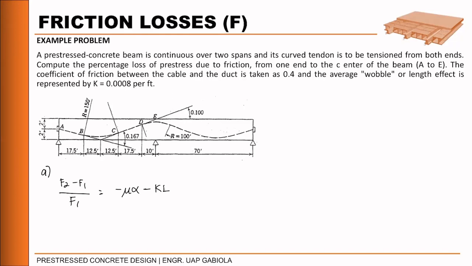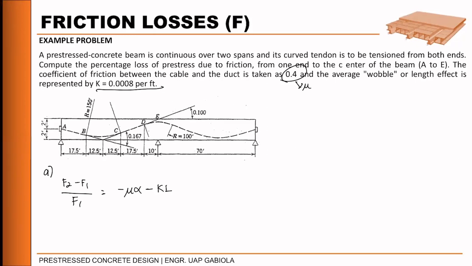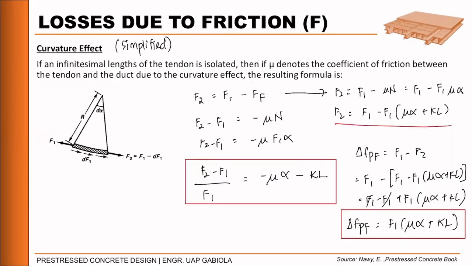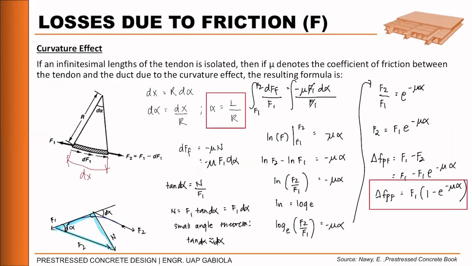Okay? We need to identify muna yung mga values natin. Si mu, given naman si mu, ito si mu. Okay? Si K given. Ang wala natin ay si alpha. No? So si alpha natin, from here, kailangan natin, di ba, from previous, formula natin is, saan na yan? L over R. Okay?